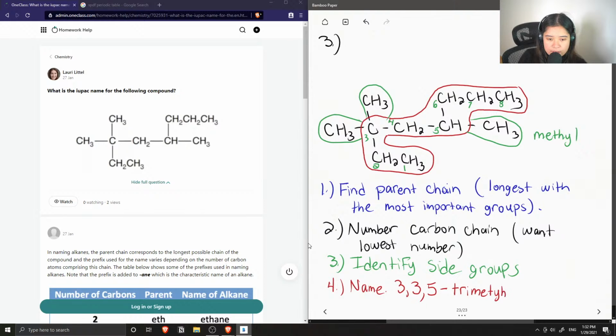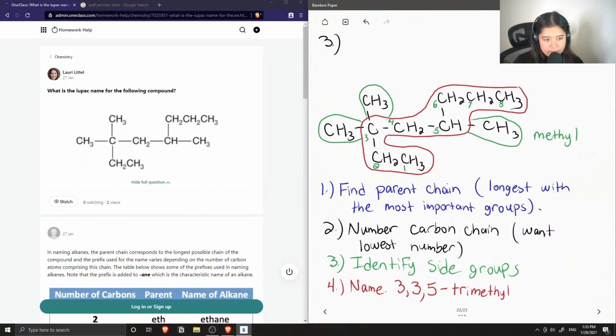Since we use the prefix tri to tell us that there are 3 of it, so 3, 3, 5, trimethyl. And then again, our parent chain would be named last.